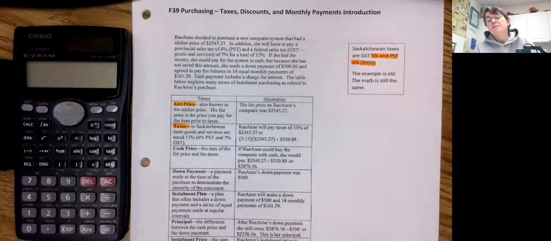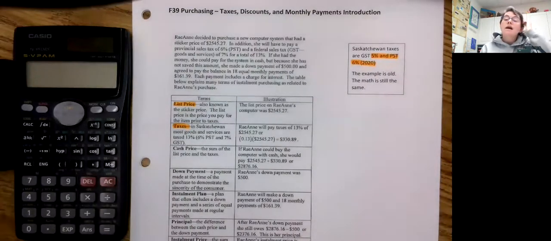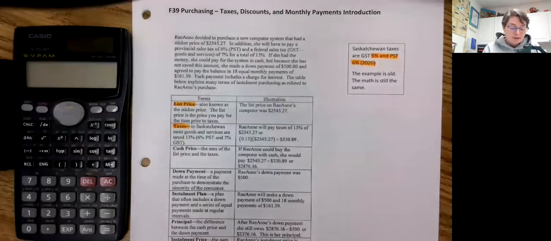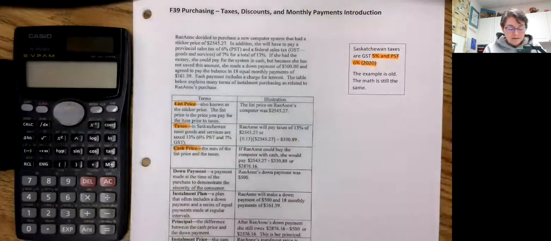GST is 5% and PST is 6%. So total taxes in Saskatchewan are 11%, but I usually ask you to calculate them out separately. So the cash price is the sum with taxes, right? So in other words, if you paid cash for it or walked out the door with it today, what would you pay?